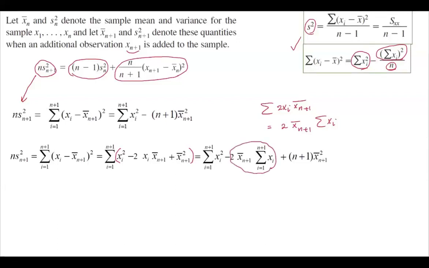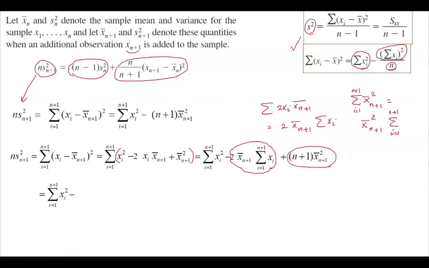And then the summation of xn+1 bar to the second, since you're taking this over i starting from 1 to n+1, is nothing but xn+1 bar to the second times the summation over i from 1 to n+1, which is basically n+1 times the sample mean to the second power.